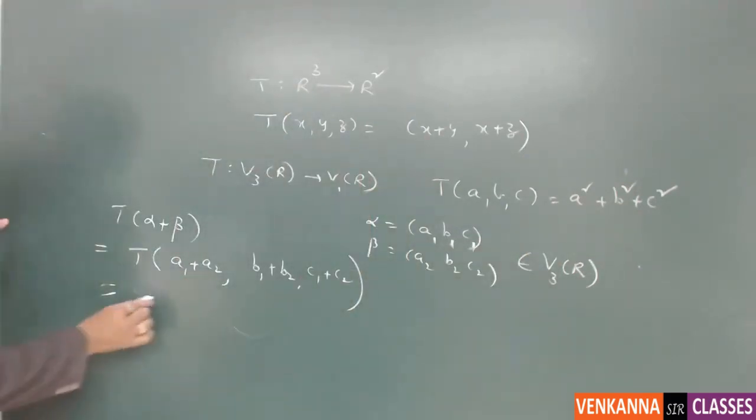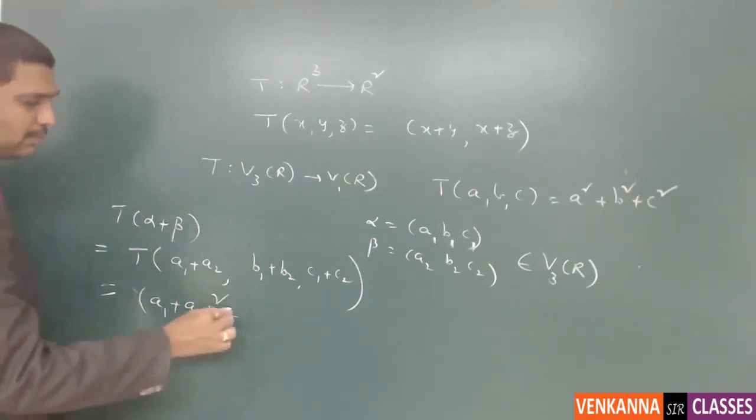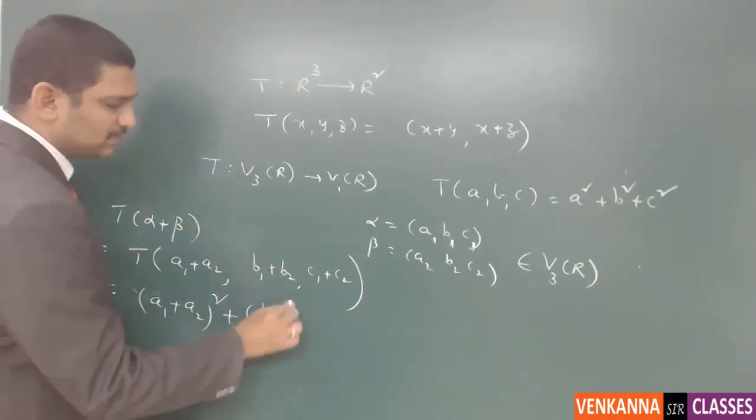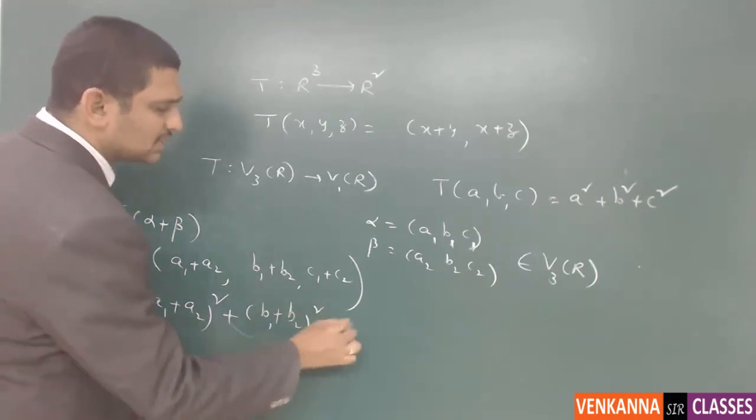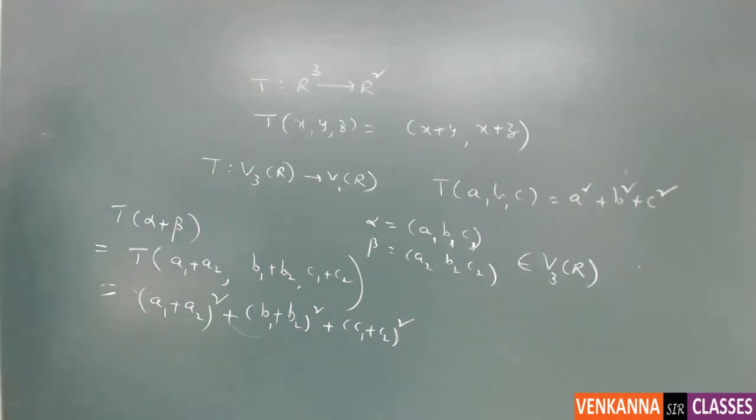Applying the property here, it is (a1 plus a2) whole square plus (b1 plus b2) whole square plus (c1 plus c2) whole square. Did you get that? How the function is defined and how we are going to apply the T condition here for the input.